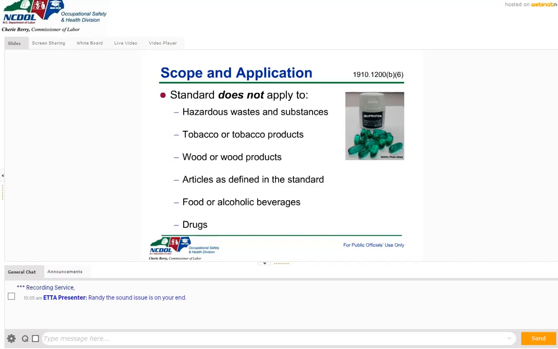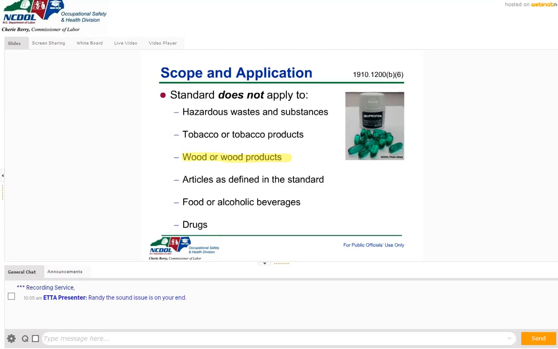Now, wood products. Here we got wood products. That's another interesting one. Let's say you're a construction company and you put up fiber cement board siding. You install siding on houses, and that siding is kind of a wood product. It's a mixture of cement and other ingredients to make a product.